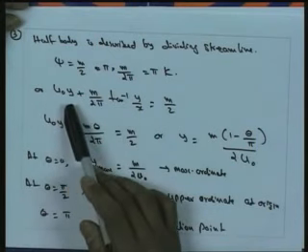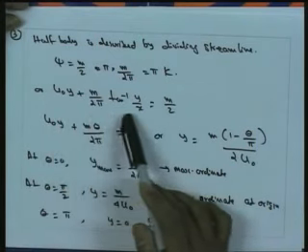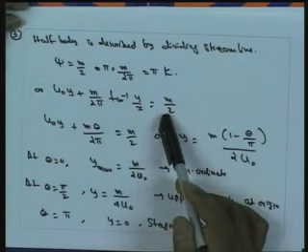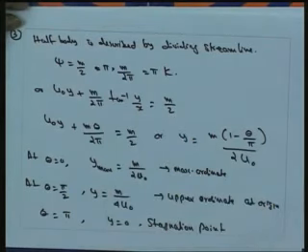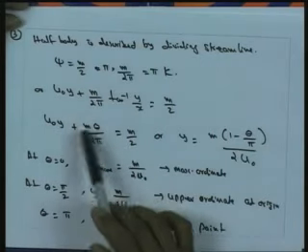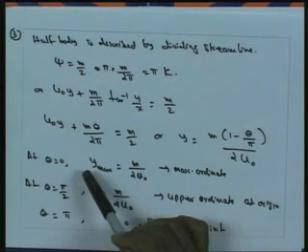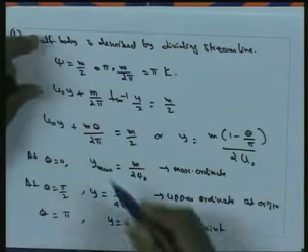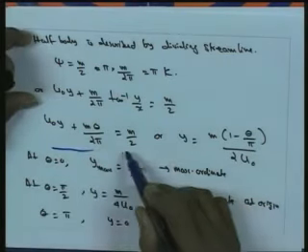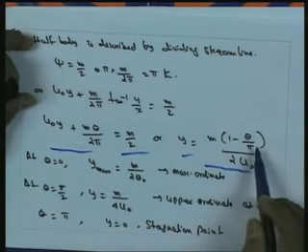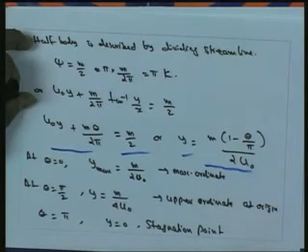So, we can write u0 y plus m by 2 pi tan inverse y by x is equal to m by 2 with respect to the half body, which is shown here. Then we can write u0 y plus m theta by 2 pi is equal to m by 2, or we will get y is equal to m into 1 minus theta by pi divided by 2 u0.